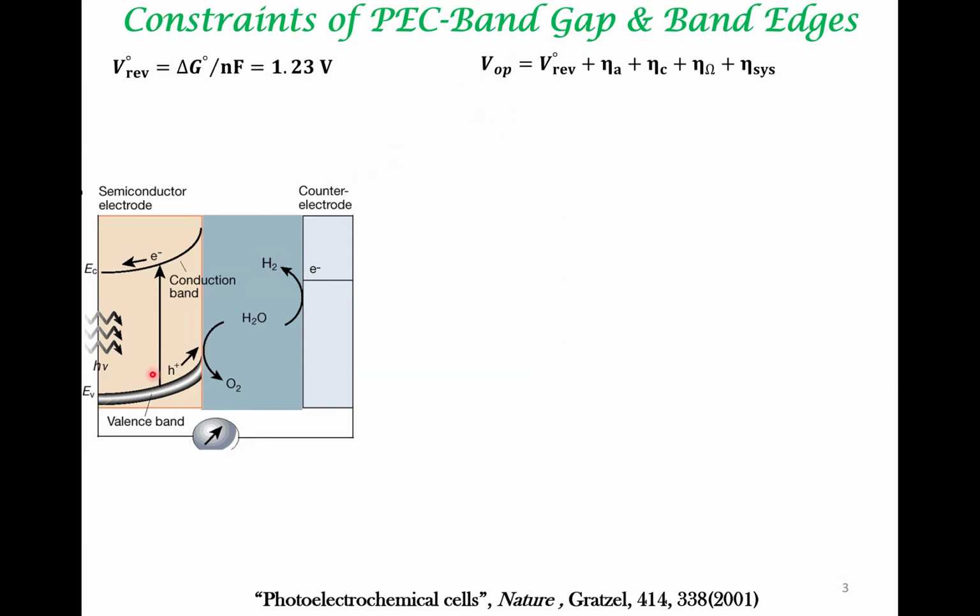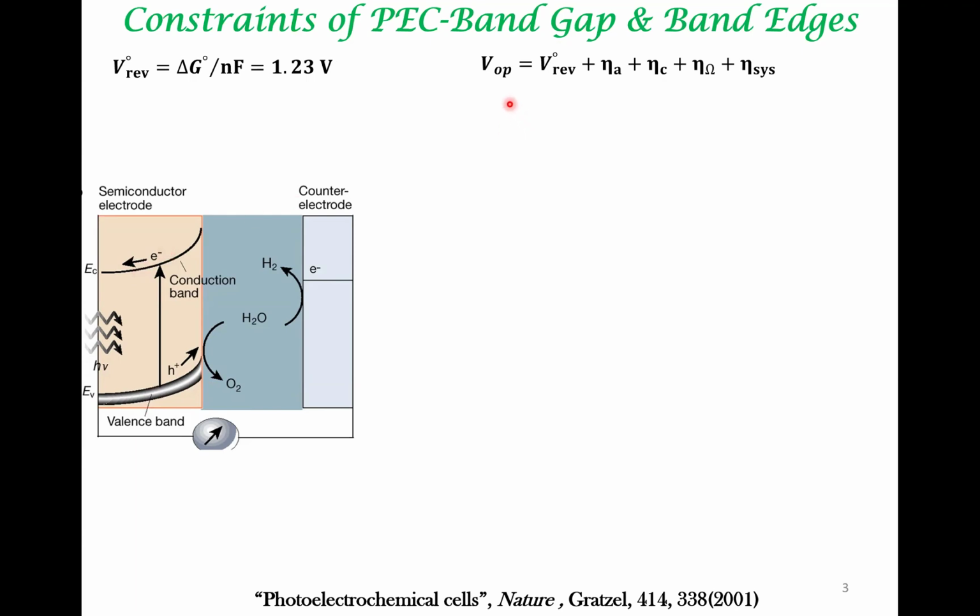The potential that can be generated in this kind of setup can be correlated to the band gap of a semiconductor. That is, the photopotential is correlated to the valence band edge and the conduction band edge.